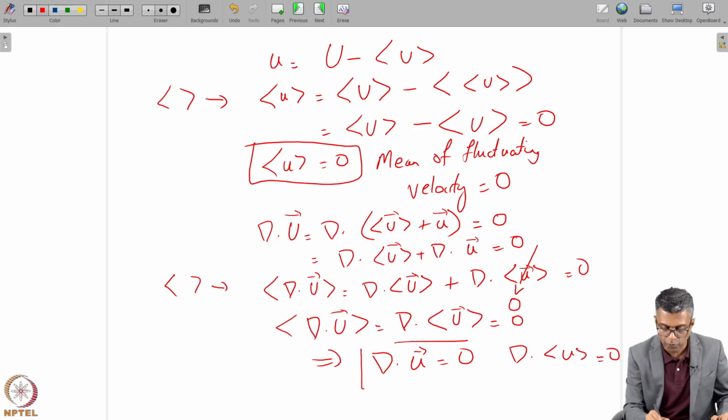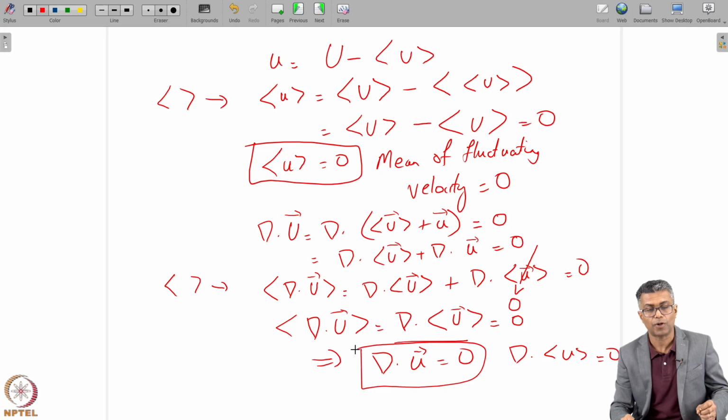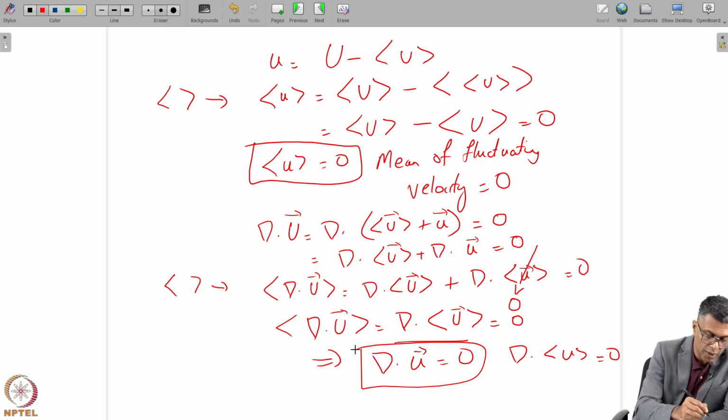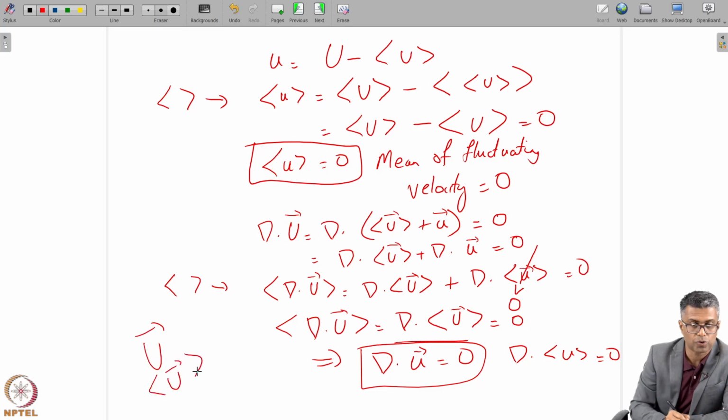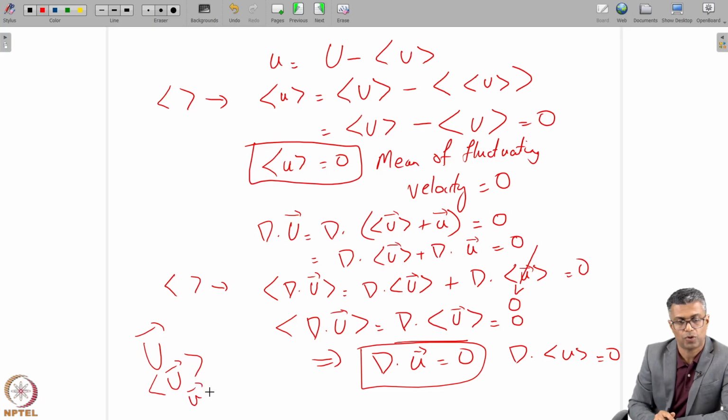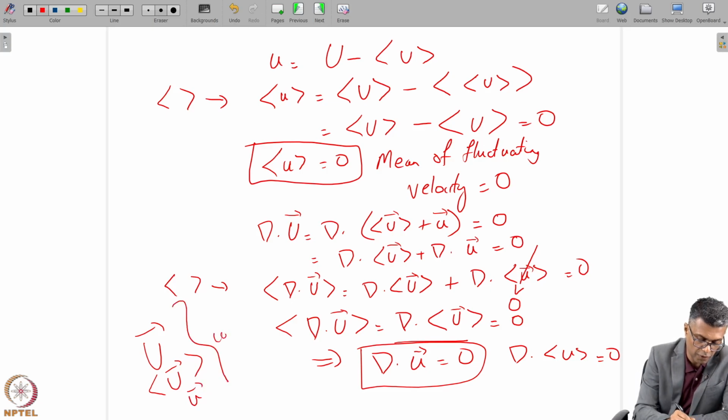But what we now know is that the divergence of the fluctuating velocity is also 0. So capital U follows continuity, mean of U follows continuity, and the fluctuating u also follows continuity. All of these satisfy continuity.